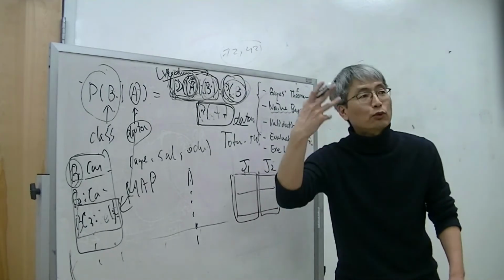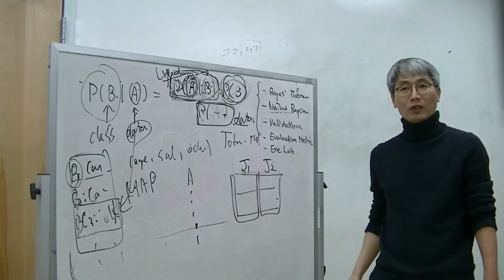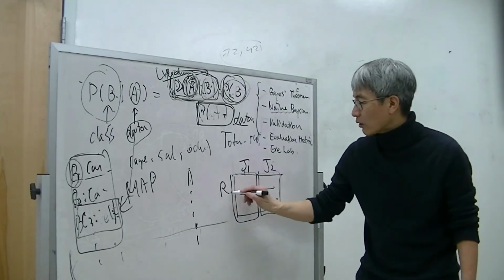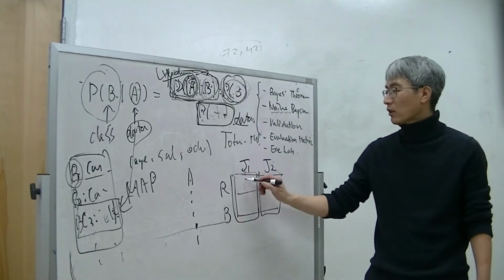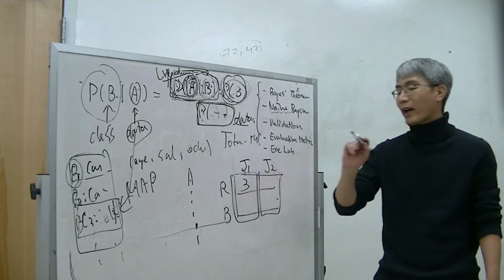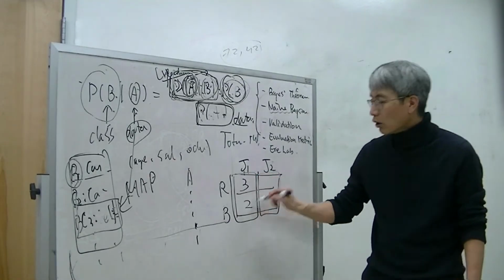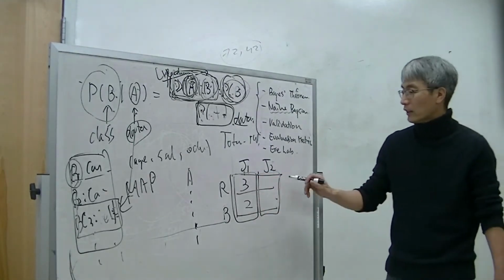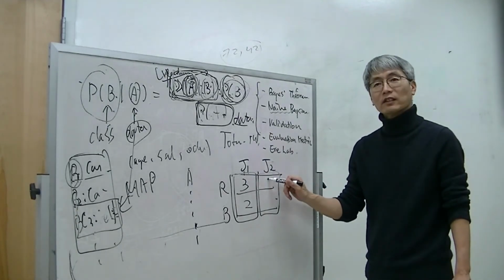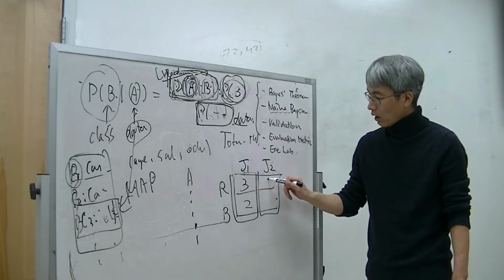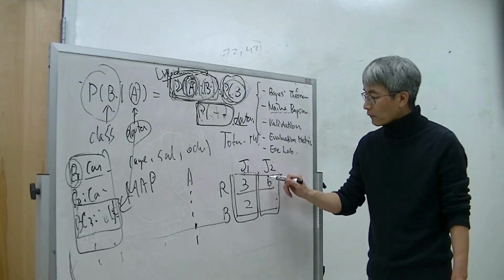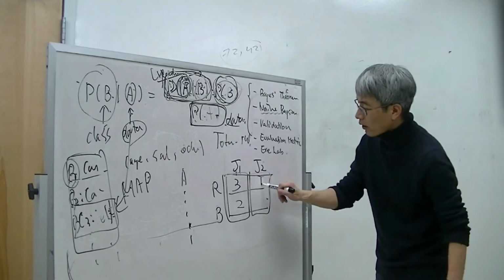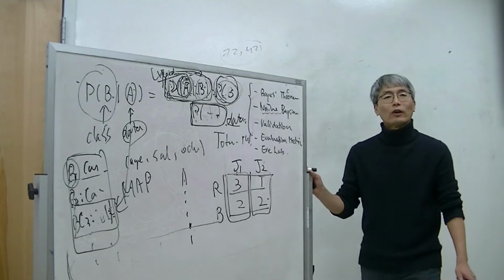There are two colors of ball, one is red, another one is blue. Let's say this one has 3 red balls and 2 blue balls. And this one has 1 red ball and 2 blue balls, like that.